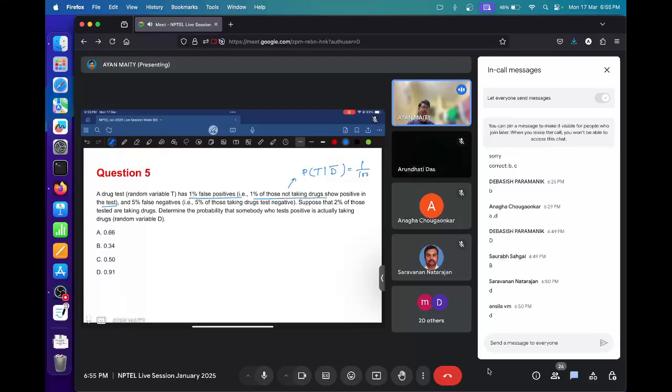They are not taking the drugs, yet the test is showing positive. So this is probability of T given D complement. T is the output of the test, and D is whether a certain person is taking drugs or not.